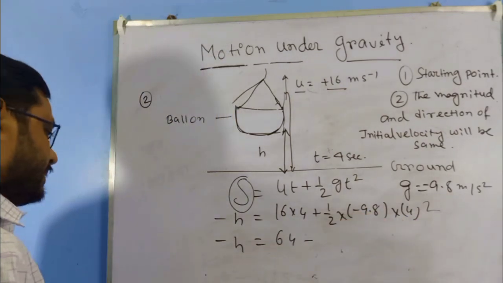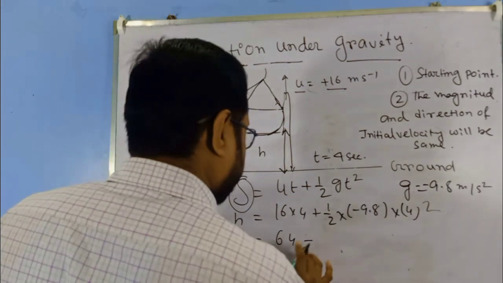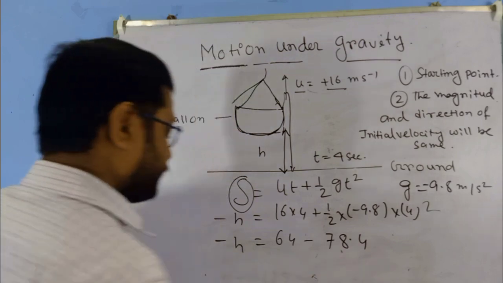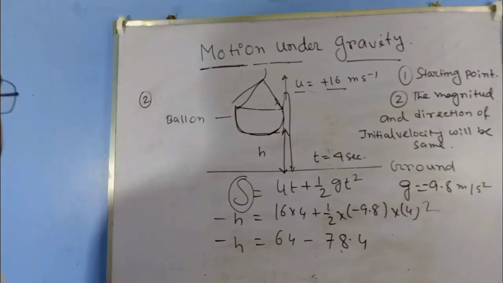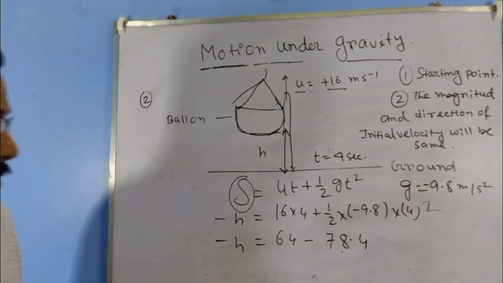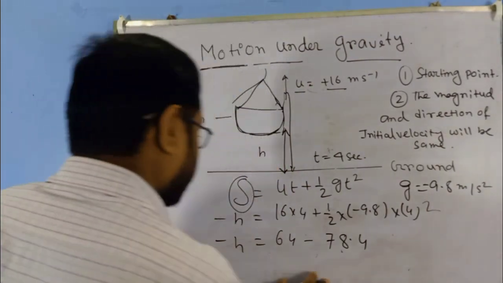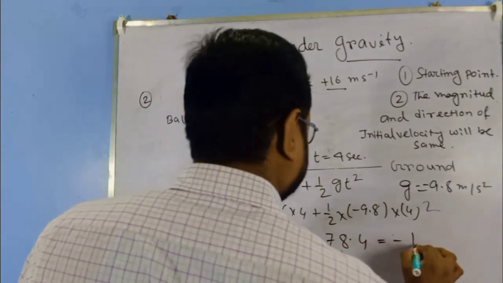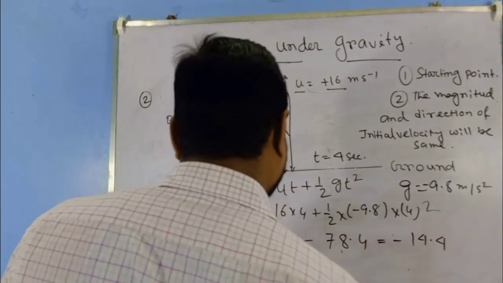If you do it in your calculator, you get 78.4. So we get minus 14.4.